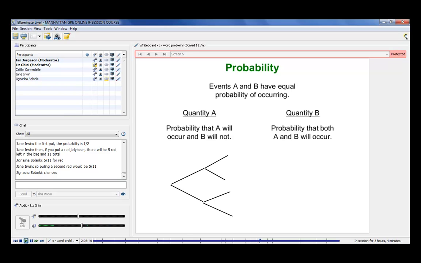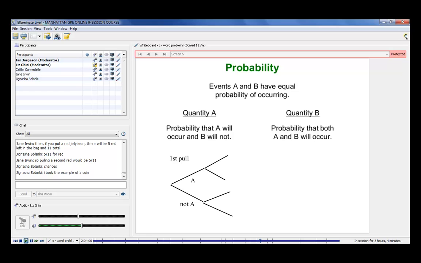What's the event? I could call it the first pull, or I could call it A and not A, okay? It's not A or B, right? It's A and not A. Either A occurs or A does not occur, okay? And you took the example of a coin, okay?